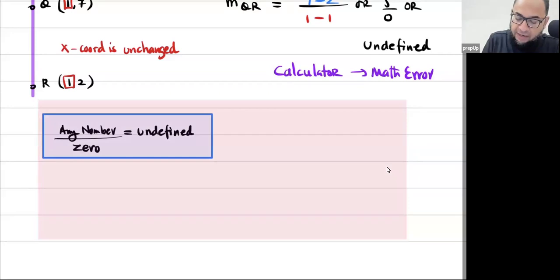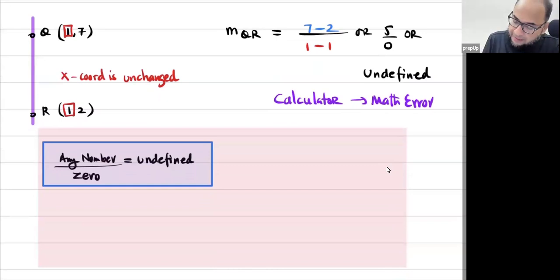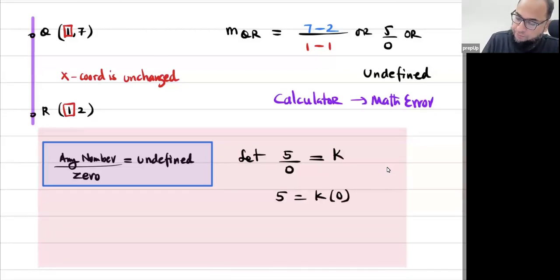So any number divided by 0 is undefined. Let 5 divided by 0 equal small k. 5 is k times 0. Is there any number such that if we multiply 0 by that number, it will give me 5? That's not possible.